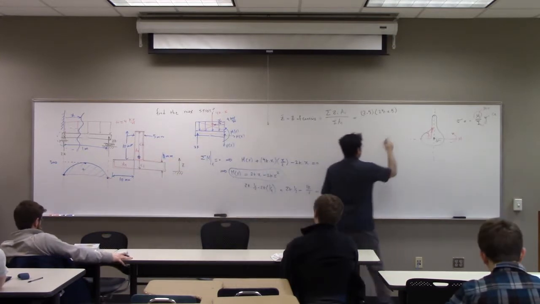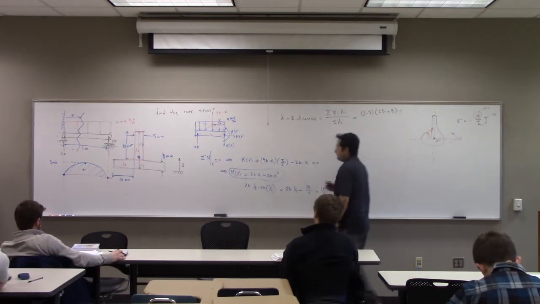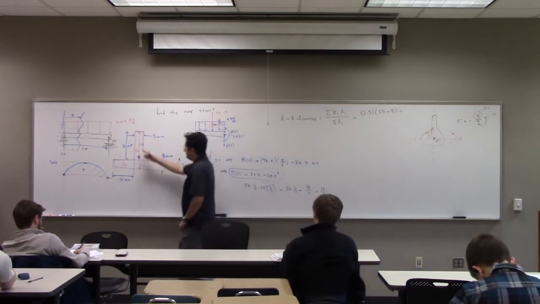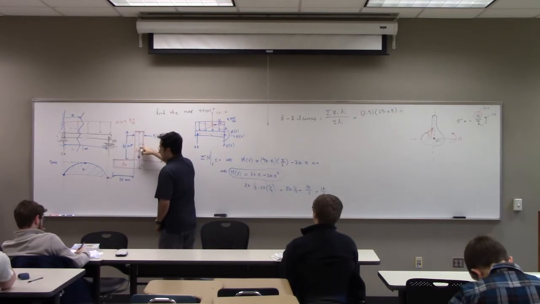Then I'll go to the next one, plus A2 times Z bar 2, the centroid of shape number 2 with respect to the bottom.